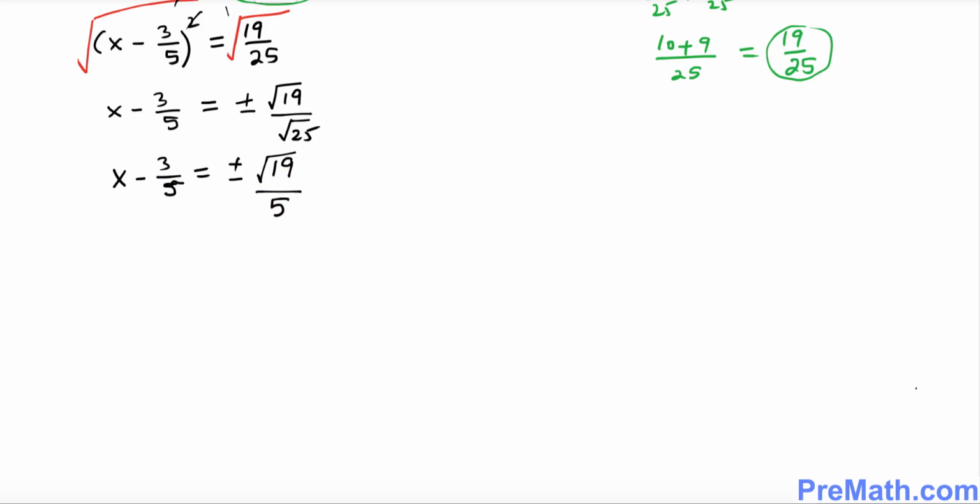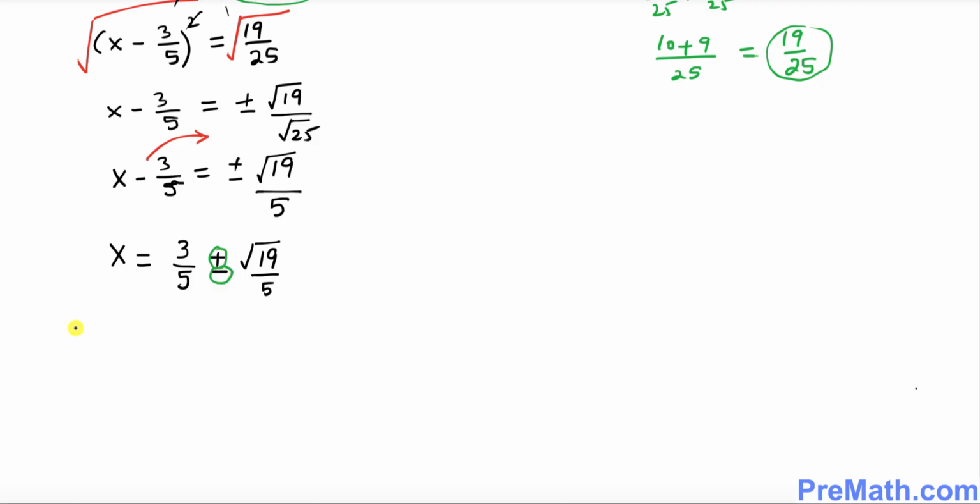Now I want you to move this negative 3 over 5 to the other side, so this way we can isolate x. So x is going to be simply equal to, once you move this negative 3/5 it becomes positive 3/5 plus or minus square root of 19 over 5. Now we're going to split these positive and negative signs.